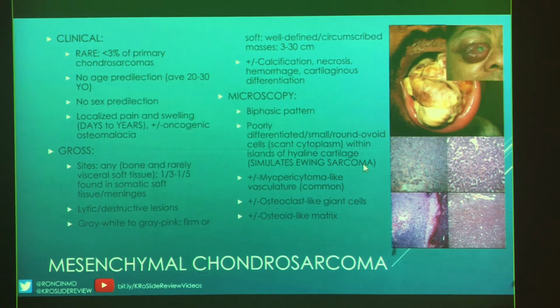And definitely can appreciate how this would simulate a Ewing sarcoma. You may or may not have myopericytoma-like vasculature. This is a relatively common feature, but you don't have to have it. You may have osteoclast-like giant cells, so again, those multinucleated giant cells, and you can have osteoid-like matrix. So lots of things, but you can appreciate how destructive these lesions can be.